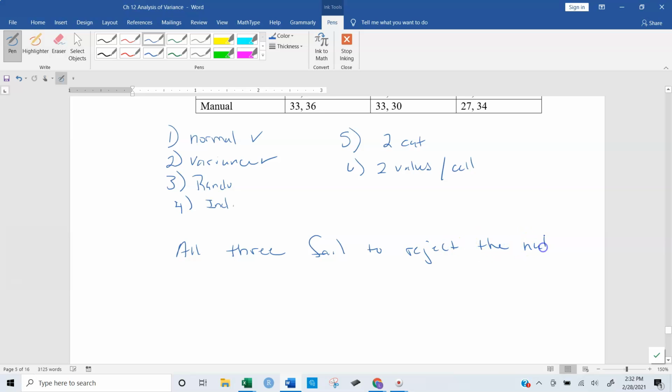And since all 3 failed to reject the null, that means fuel consumption does not appear to be affected by any of these.